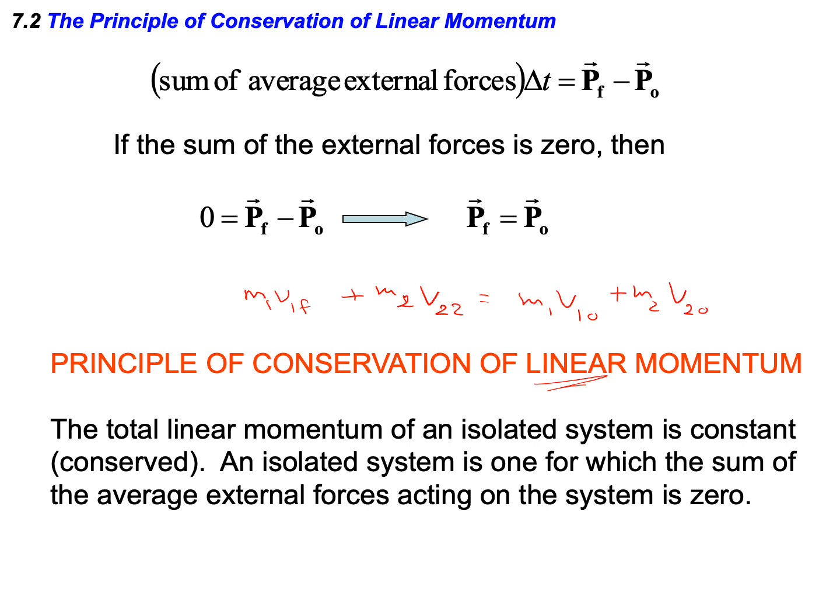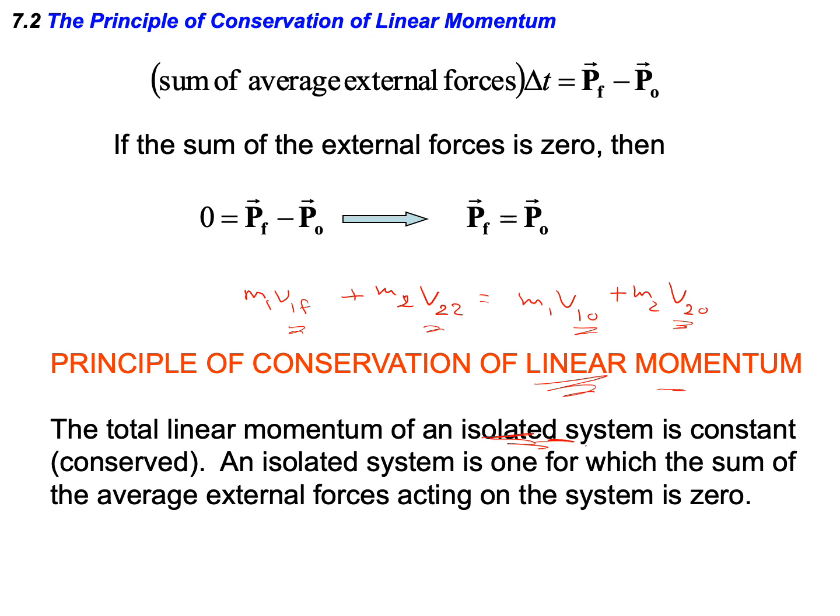Again, it's linear because momentum has a direction, because velocities have a particular direction. When you write these equations, you have to consider a particular direction. So the principle of conservation of momentum is that the total linear momentum of an isolated system, because we assume there are no external forces, is constant or conserved.